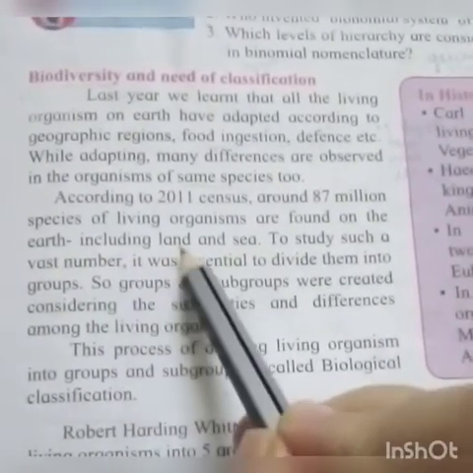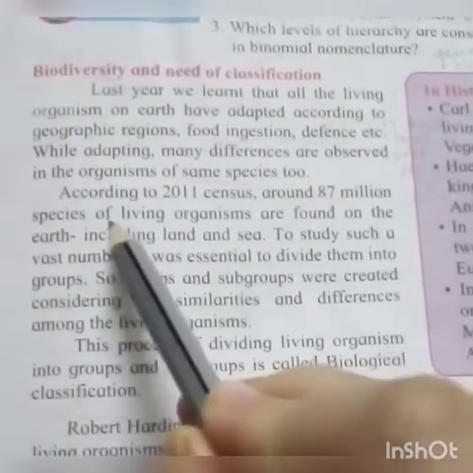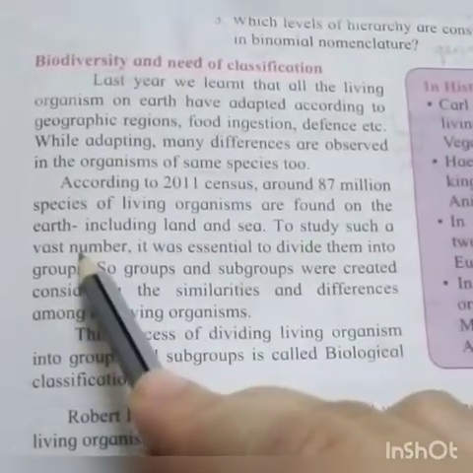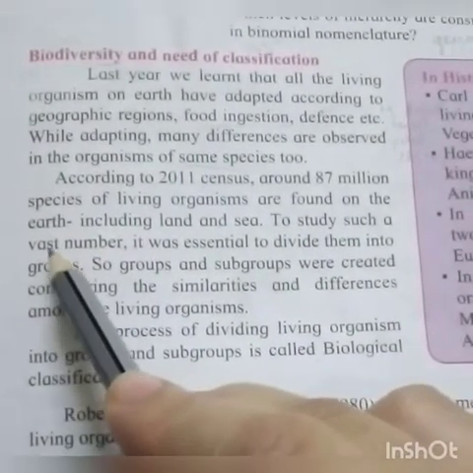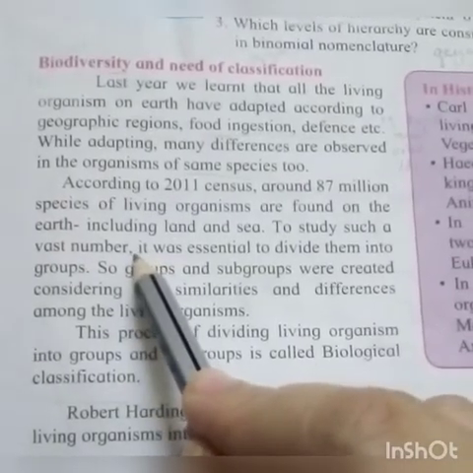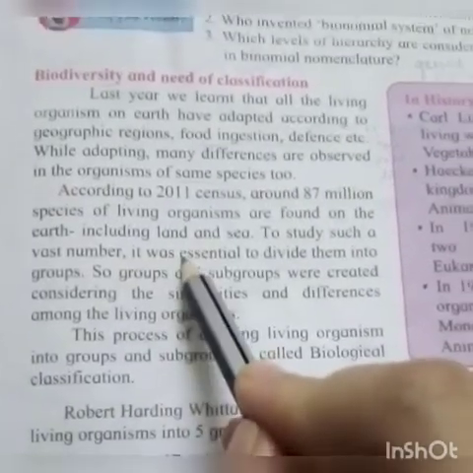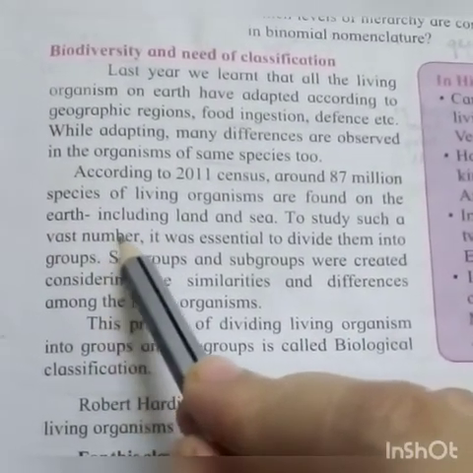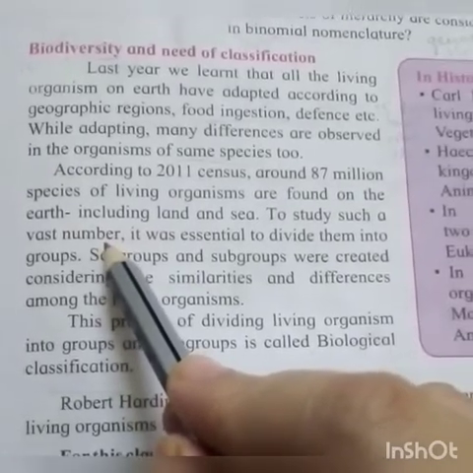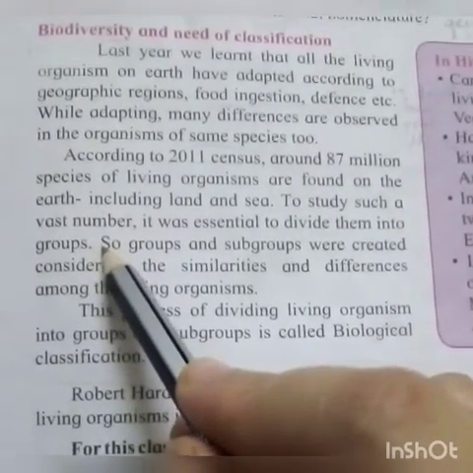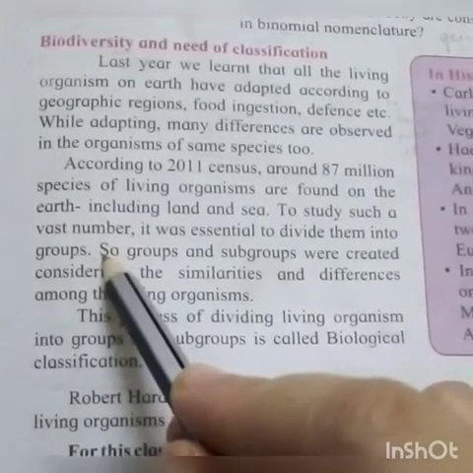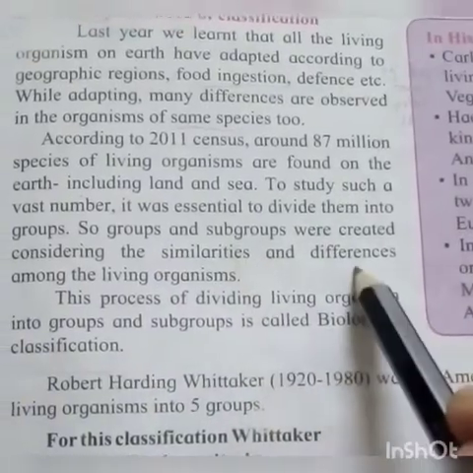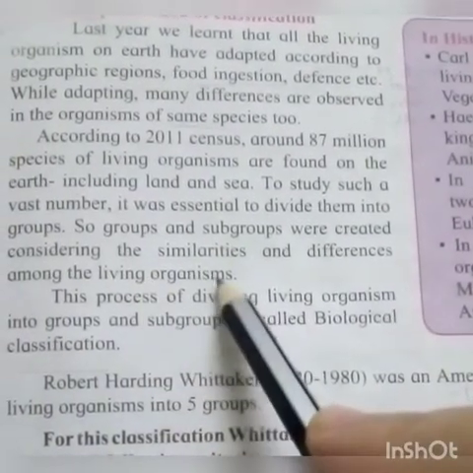To study such a vast variety of animals, plants and other organisms, it was essential to divide them into groups. That means the organisms should be divided into some groups or order. So groups and subgroups were created considering the similarities and differences among living organisms.